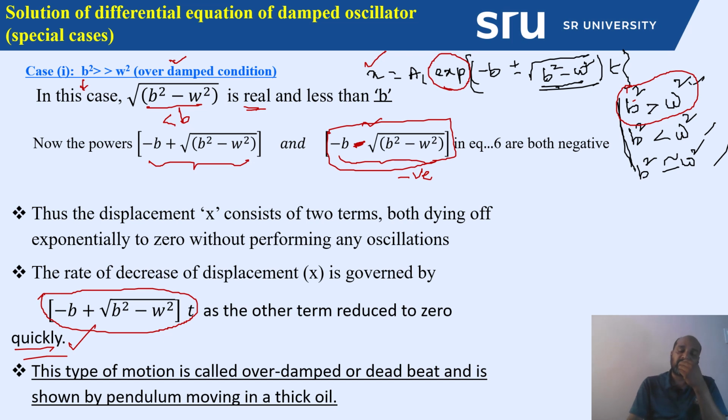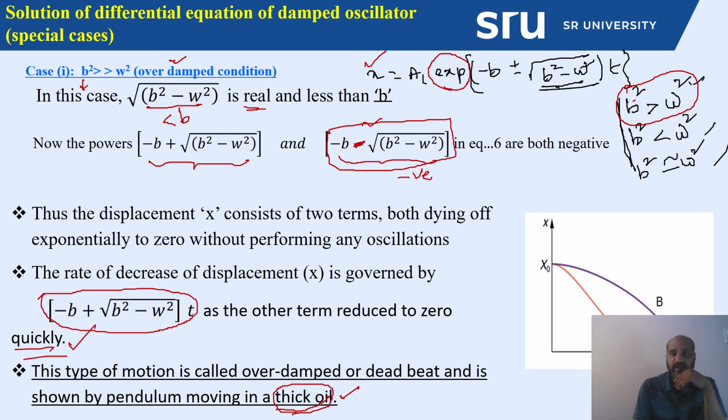This type of over damped condition we can generally observe if oscillations are in a thick medium, I mean high density mediums like thick oil. So oscillations in a high density medium are generally in the over damped condition, damped oscillations.